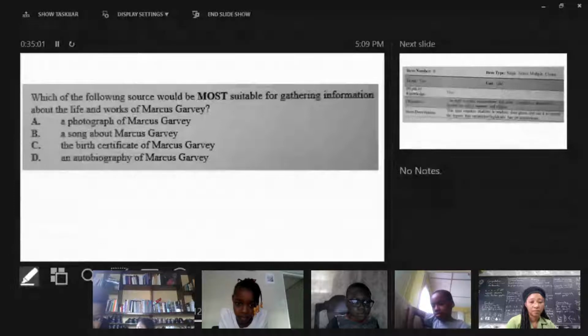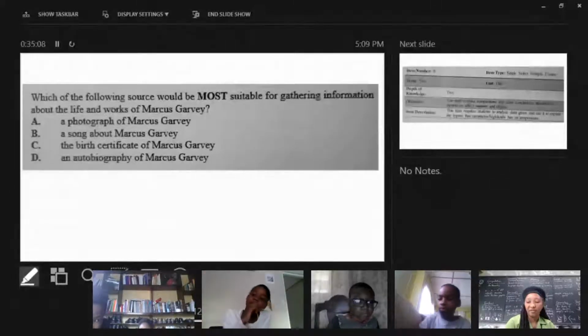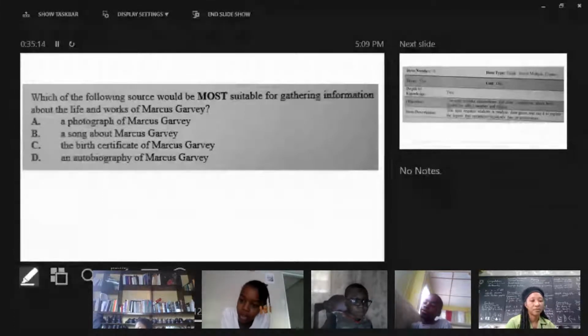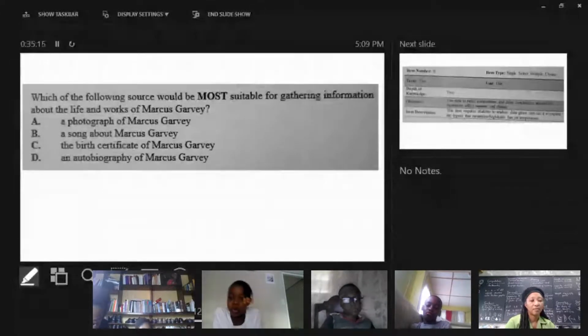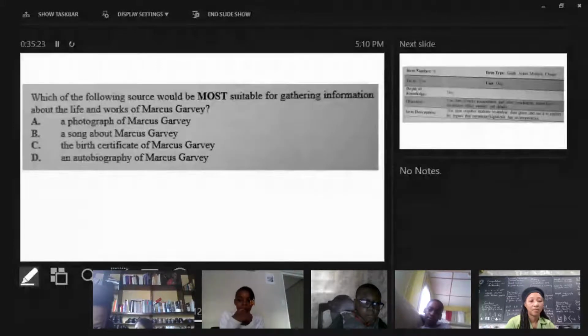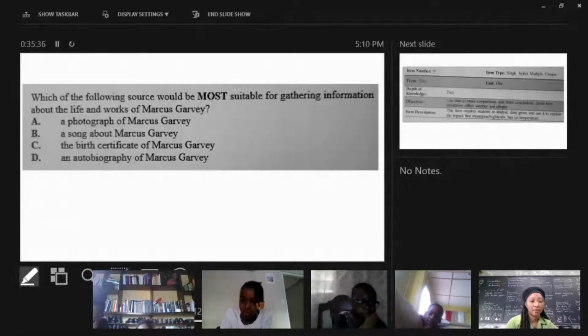C. The birth certificate of Marcus Garvey. D. An autobiography of Marcus Garvey.